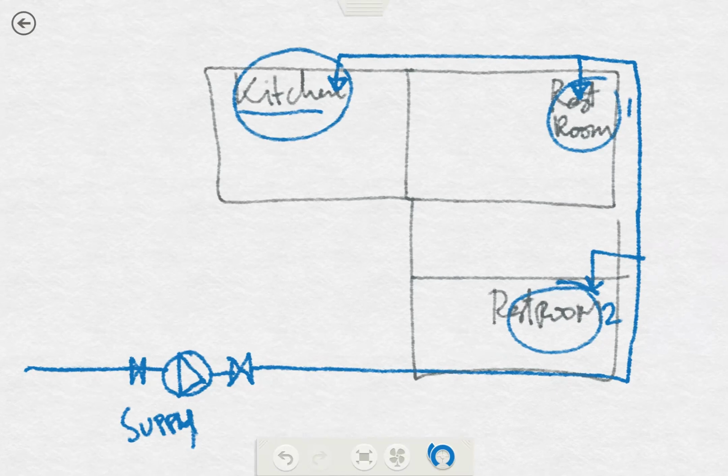If there's a problem for restroom 2, and I have this kind of layout, then I have to cancel the water supply here, and I don't have water in this restroom, or I don't have water in the kitchen. So I wouldn't do that.